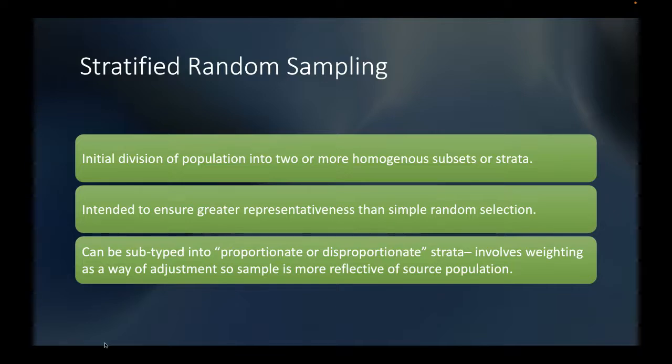When you select them, there's a 1 in 100 chance that any one of those people will be included. But what random sampling won't do for you is to say that this 100 people is made up of 60 men and 40 women, so let's make sure our sample is also 60% men, 40% women. Random sampling won't do that, but stratified sampling can.